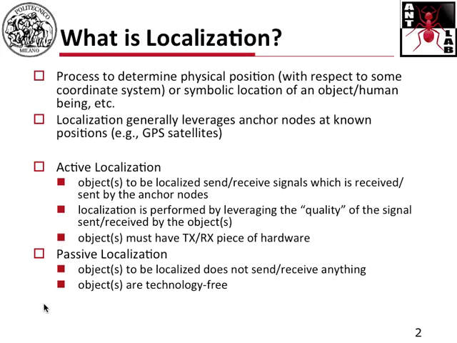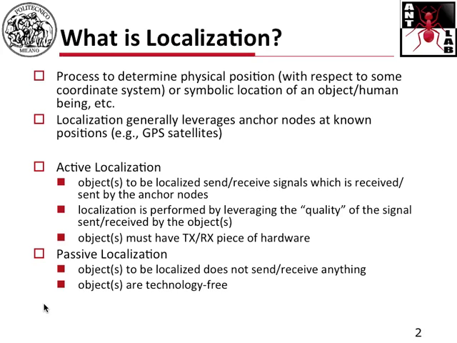Most likely, you can just say that there's something at some position, but you don't know what this something is. In active localization systems, since the client has a piece of hardware, you can actually localize and identify the specific client which has that piece of hardware. Clear?